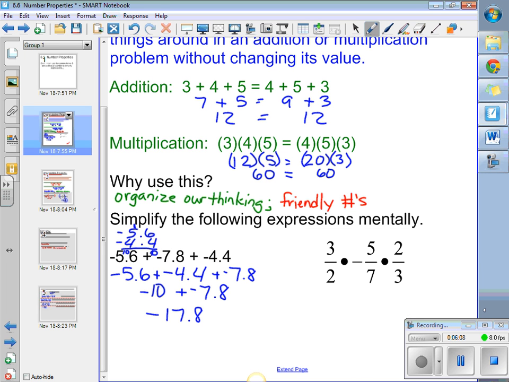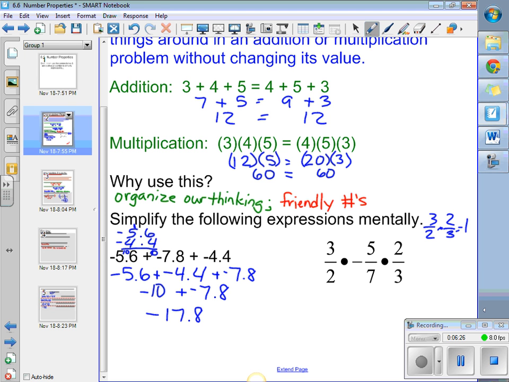All right, this one. So I've got 3/2 and 2/3. Well, if you remember anything from when we multiplied, we should know that 3/2 and 2/3 is going to give me 1.